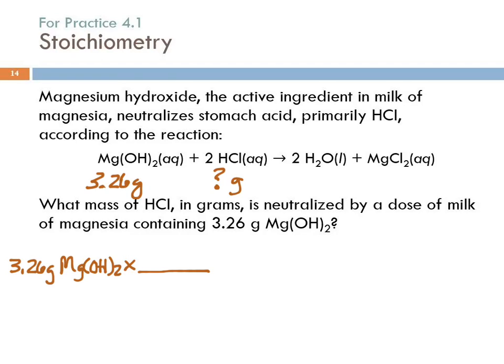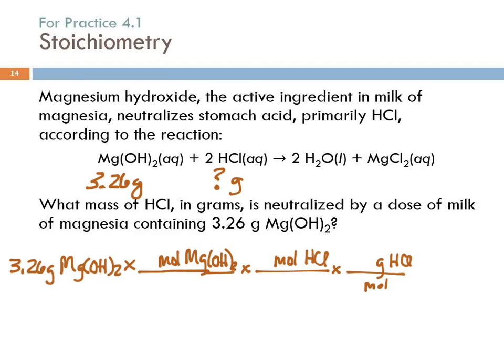So I'm going to go from grams of that to moles of that, and then to moles of the other thing, moles of HCl, and then to grams of HCl. And I bring the units around to cancel out. The units tell you exactly what to do.